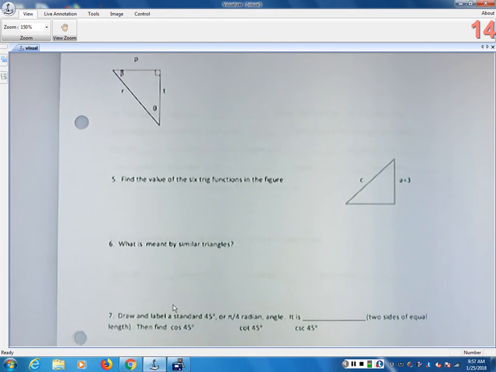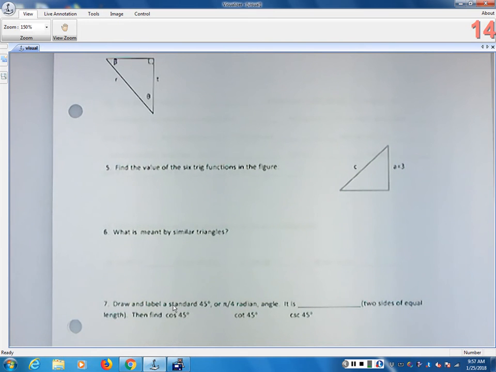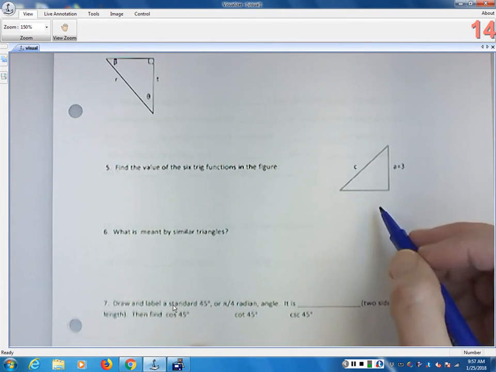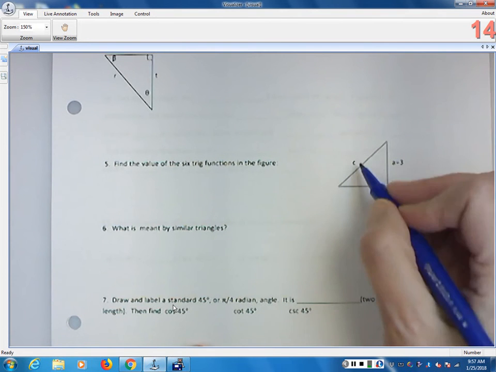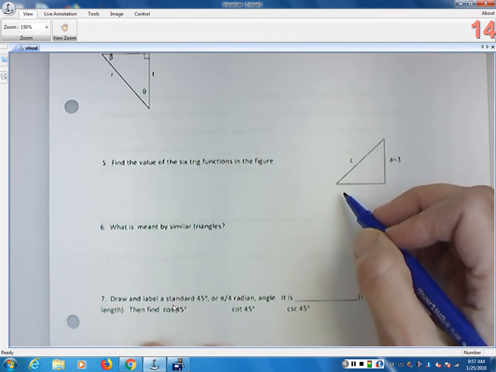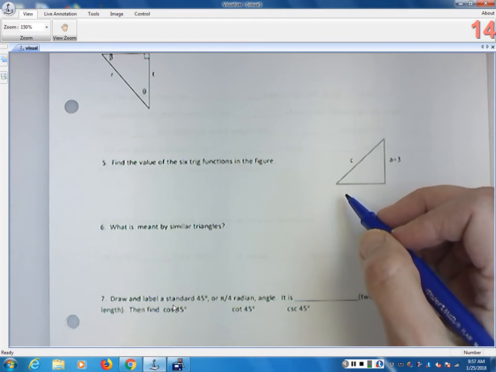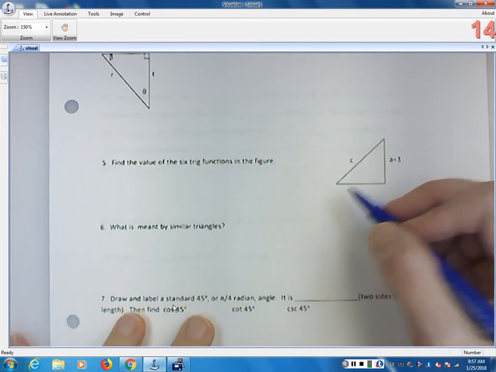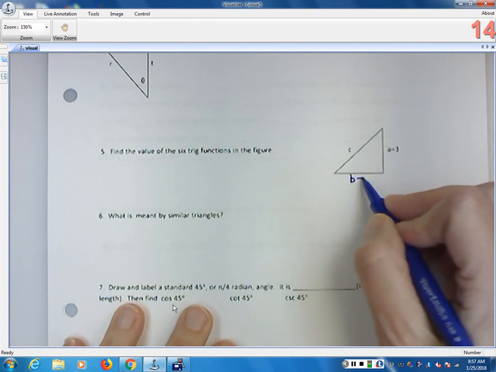Okay, number 5. Find the value of the 6 trig functions of the figure. So now we've got actual numbers. I think they forgot to give you something here.